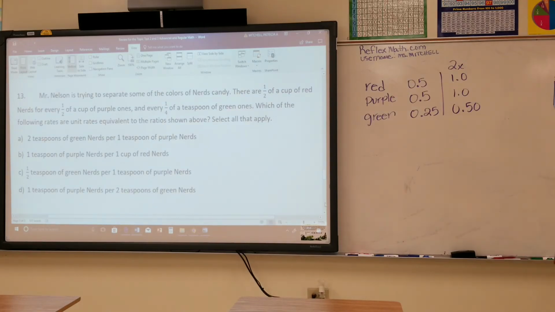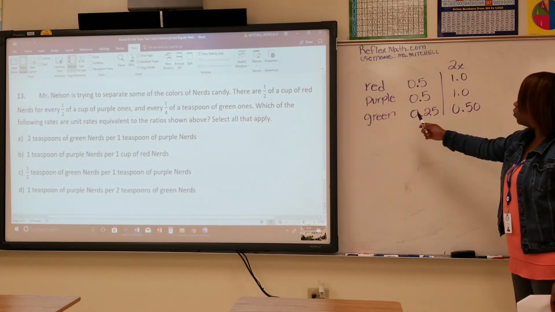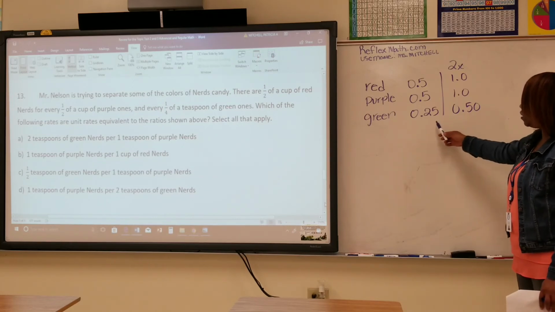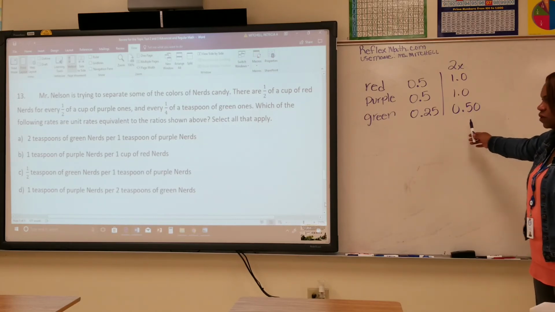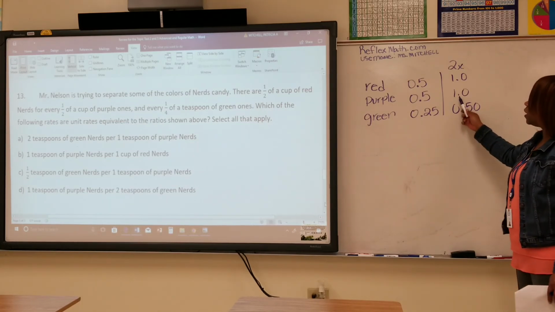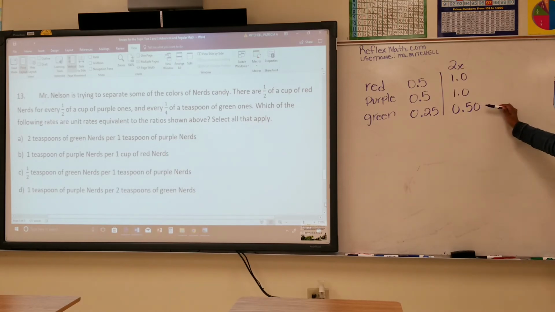Because when we look at the options that they give us, you have 2 teaspoons of green nerds per 1 teaspoon of purple nerds. So it says 2 teaspoons of green, we don't even see 2 teaspoons, and then for 1 teaspoon of purple. So here we look at purple, for 1 teaspoon, I will only have half.